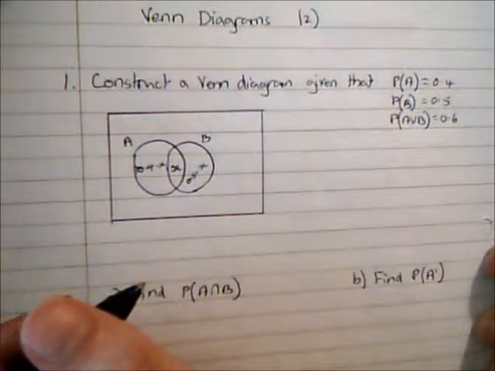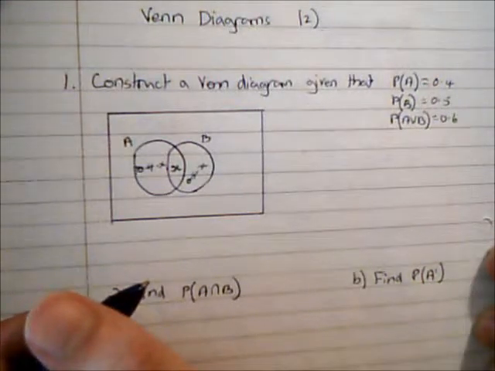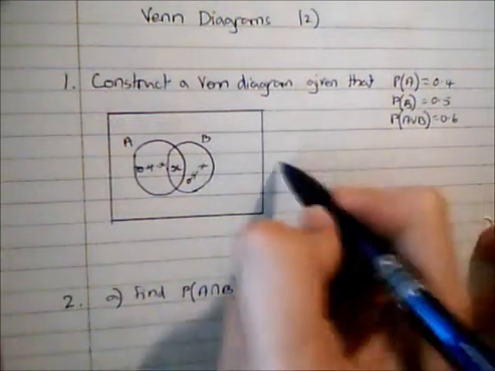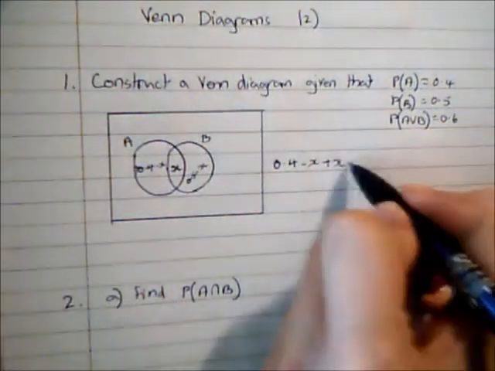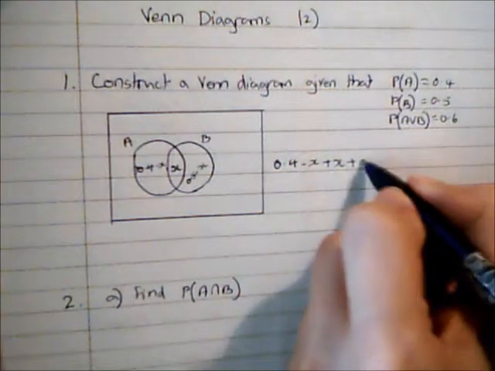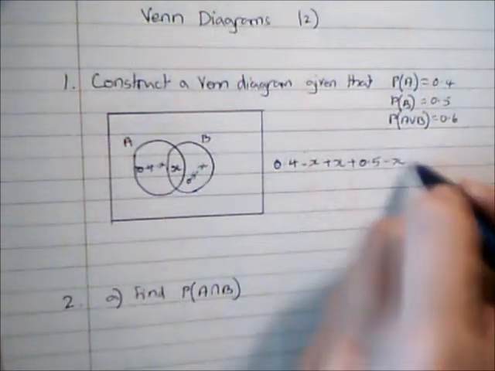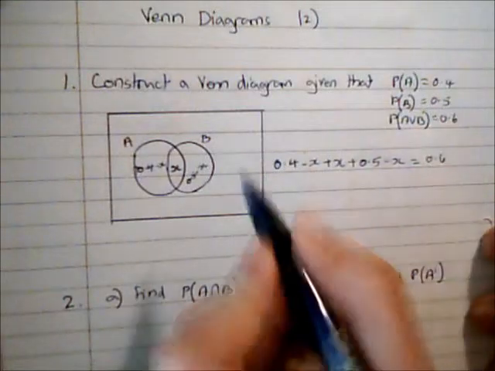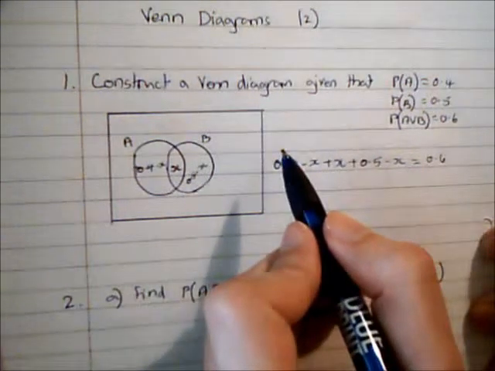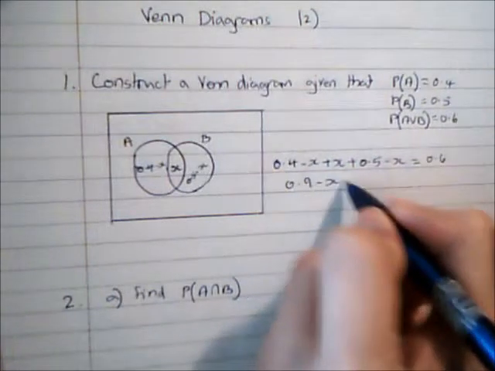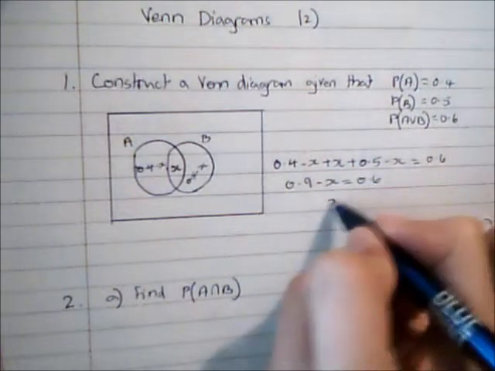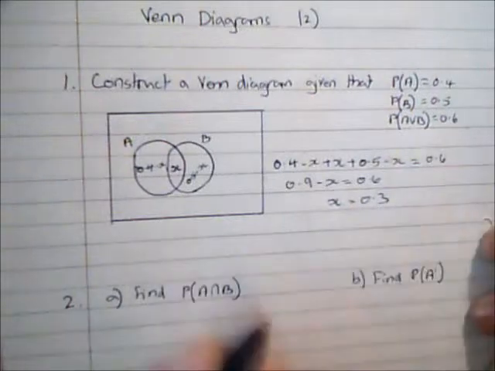So what am I going to do now? Well, I know those three together add up to 0.6, so 0.4 subtract X, add 0.5 subtract X equals 0.6. So then I've got here 0.9 subtract X equals 0.6, so therefore X is 0.3.